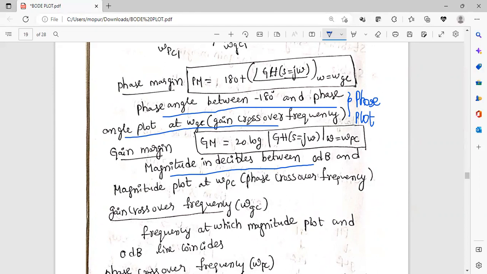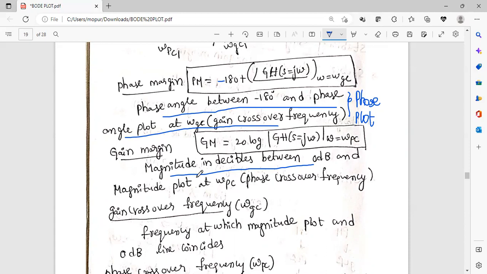You can write the formula like this: this is the angle at which omega is equal to omega GC, and then minus 180 plus this. The difference between minus 180 and this one is the phase margin.